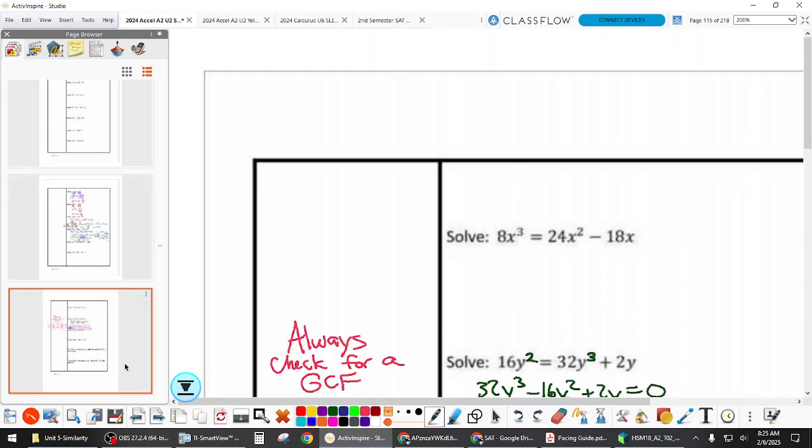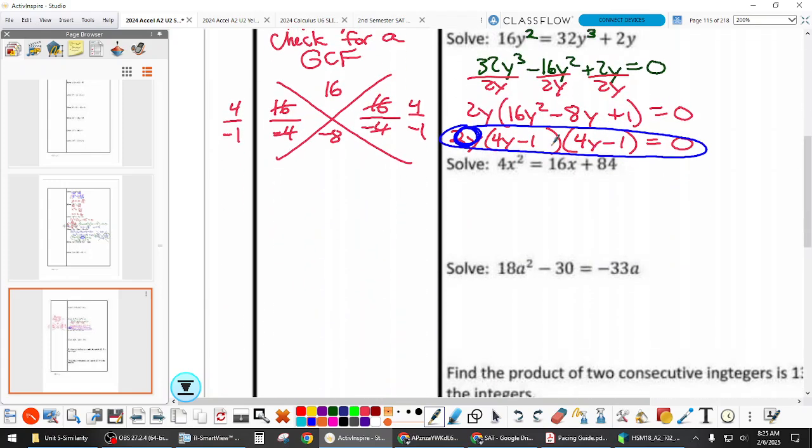So we still have to do that here. We're still trying to figure out where each one of these makes the function 0. Where does this one make the function 0? 1/4, right? Ignore all this, move the 1 over and divide by 4. 4 times a fourth is 1, 1 minus 1 is 0.